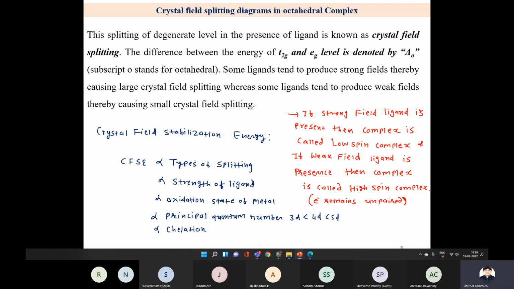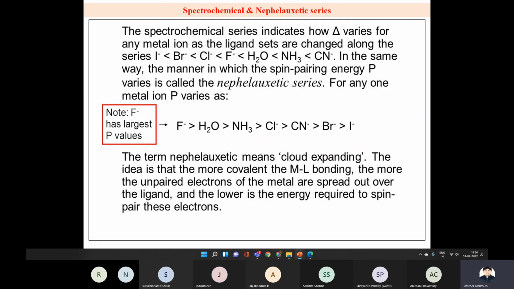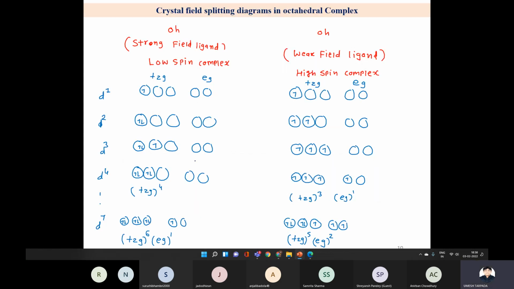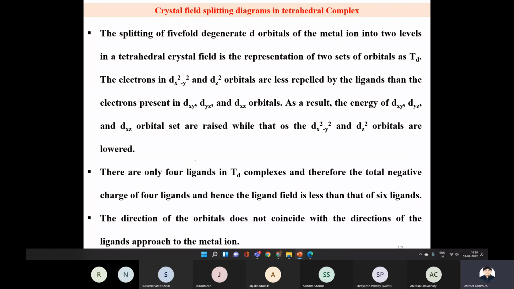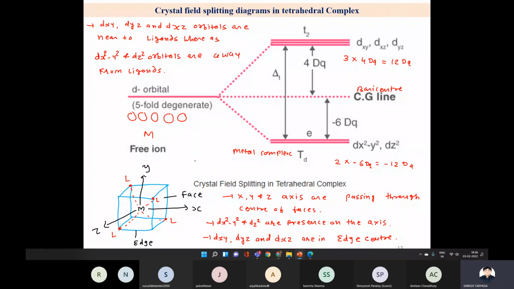We have also checked the crystal field stabilization energy for particular configurations, and this is the electrochemical series, where you can decide whether a given complex is high spin or low spin. This is the way you fill up electrons in an octahedral field, with a few examples to calculate CFSE. We completed this yesterday. In a tetrahedral complex the lobes are in between the axes.